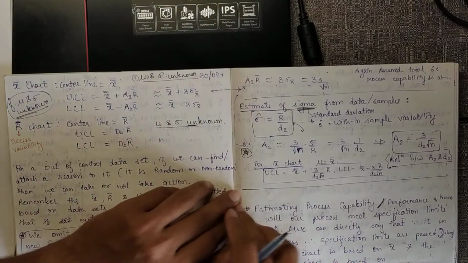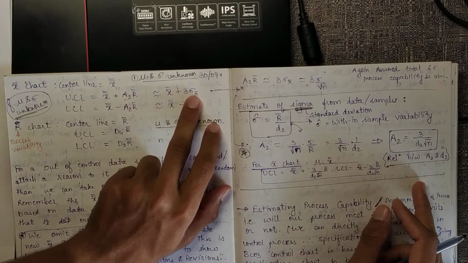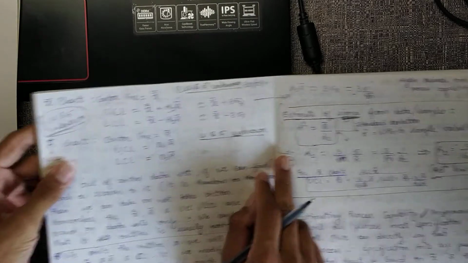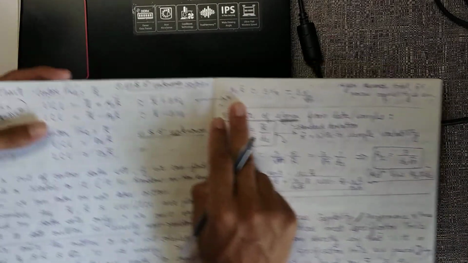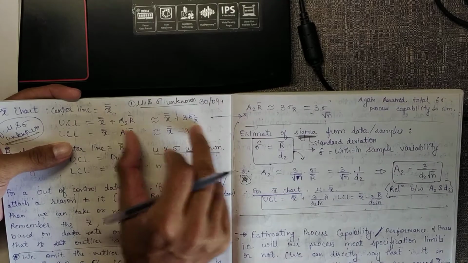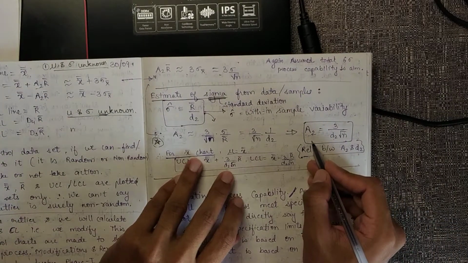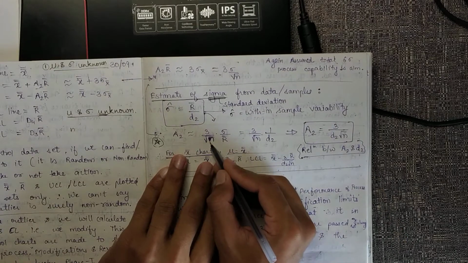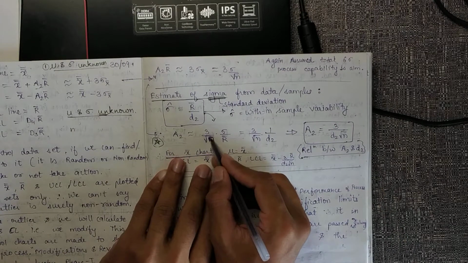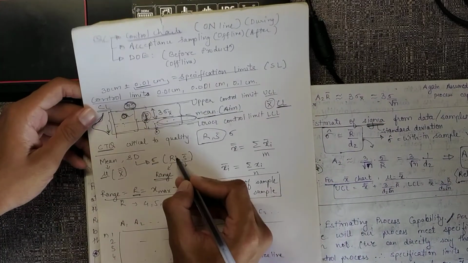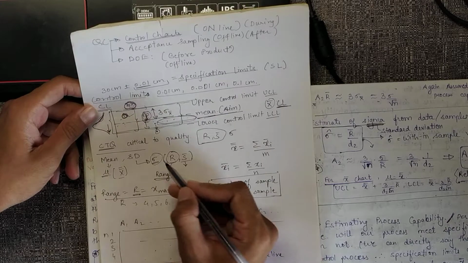And there is a relation here, so we can find the relation between sigma x bar and R. So let's see over here. We can equate these two terms and get this relation. So A2 is eventually 3 sigma divided by square root of n times R bar, and I said that we will use R as an estimate for sigma.